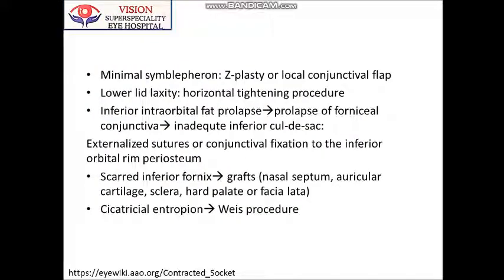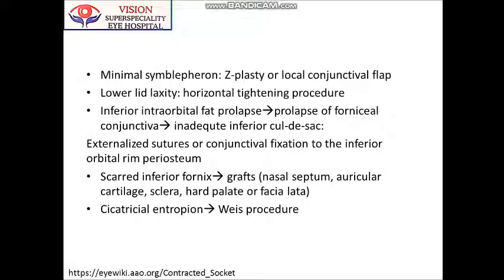When there is minimal symblepharon, a Z-plasty or local conjunctival flap can be sufficient to provide room for a prosthesis to fit. Lower lid laxity is managed with horizontal tightening procedures. If there is prolapse of the fornix conjunctiva due to anterior migration of the inferior intraorbital fat causing an inadequate inferior cul-de-sac, this can be managed by externalized sutures or conjunctival fixation to the inferior orbital rim periosteum.